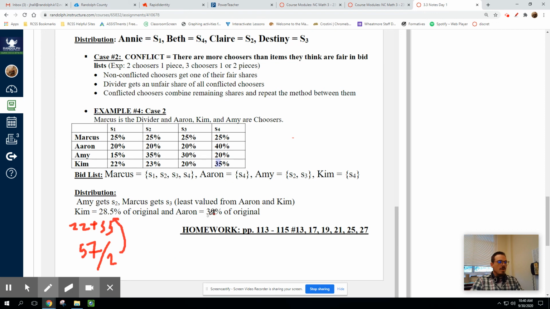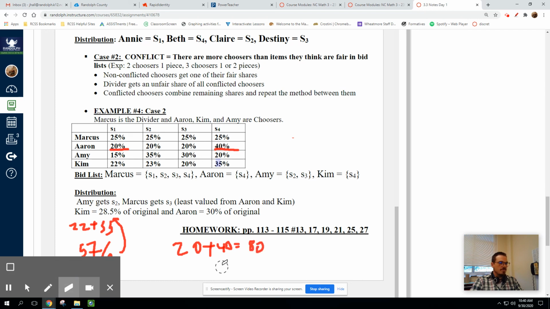For Aaron, that's 30% of the original. Again, Aaron, S1 plus S2. So S1 is 20, S2 is 40. That gives us 60%, and then divide it by 2.